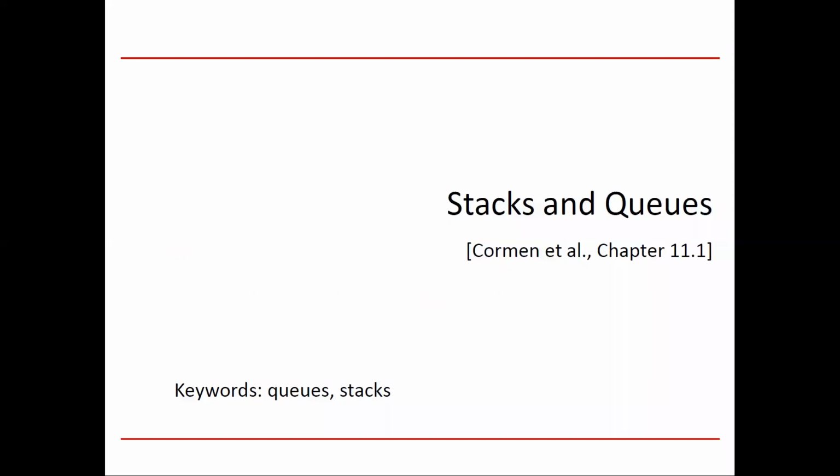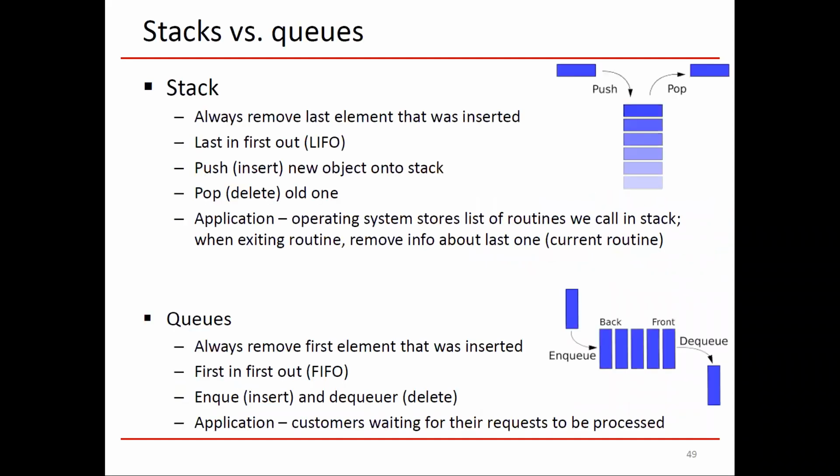So let's look at two different types of data structures. One is stacks and queues. We'll begin with that, and then we'll talk about linked lists. A stack is, you can imagine to yourself a stack of dishes.